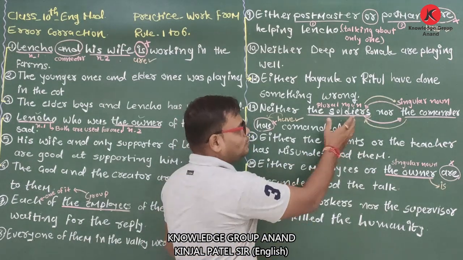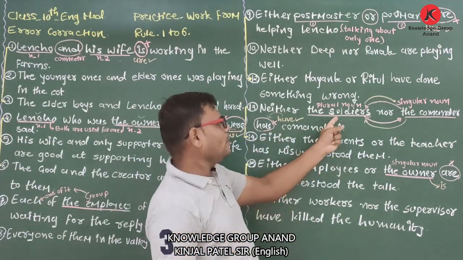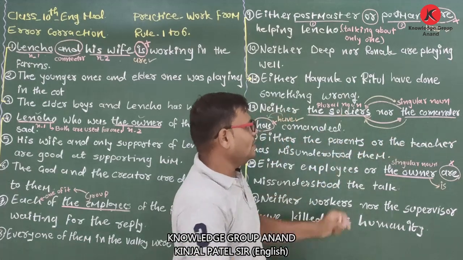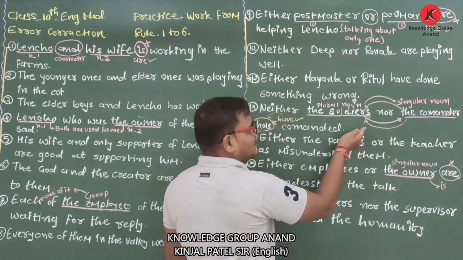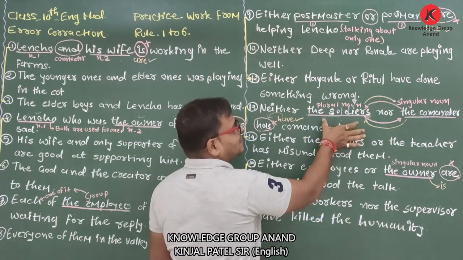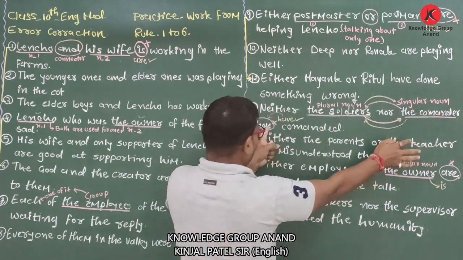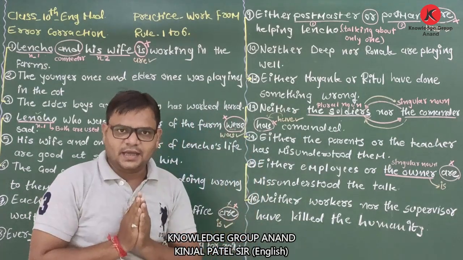So it is plural. You have to just shuffle it: replace the singular noun with the plural, so the singular noun will come here, and the plural noun will be placed exactly before the verb. Exactly before the verb. Is it okay?